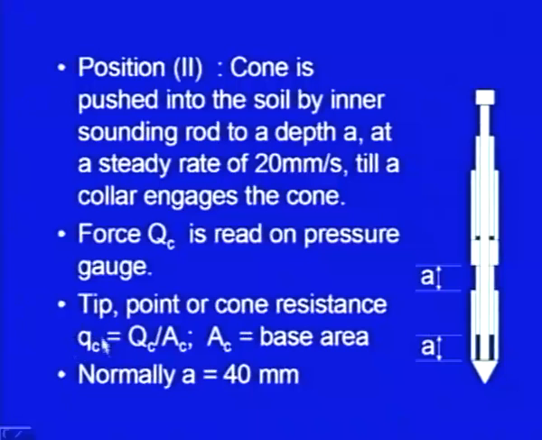So, small qc is the tip resistance, it will be equal to capital QC, this is the force, divided by AC, the base area, and normally this distance is A. So, in the second step what you read is the total force which is required to cause the penetration of the cone assembly, and from there you can get the tip resistance.